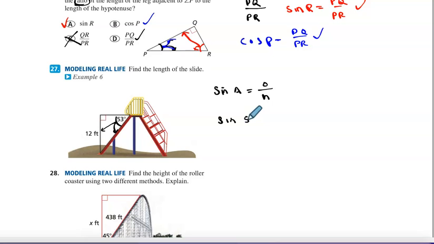So the sine of 53 is equal to 12 over h. Again, I'm going to use the little strategy from before. These two are just going to switch. So h equals 12 over sine of 53. And then put it right into my calculator: 12 divided by sine of 53.